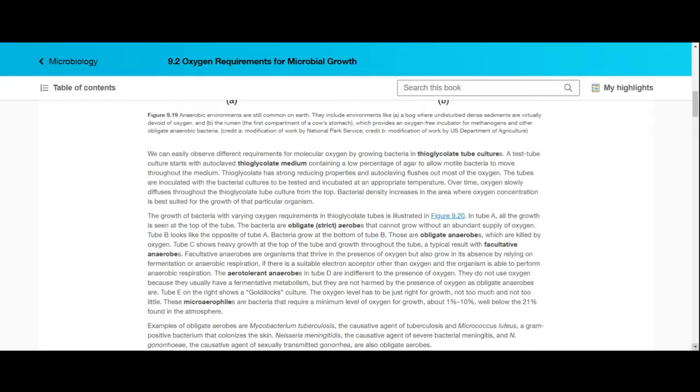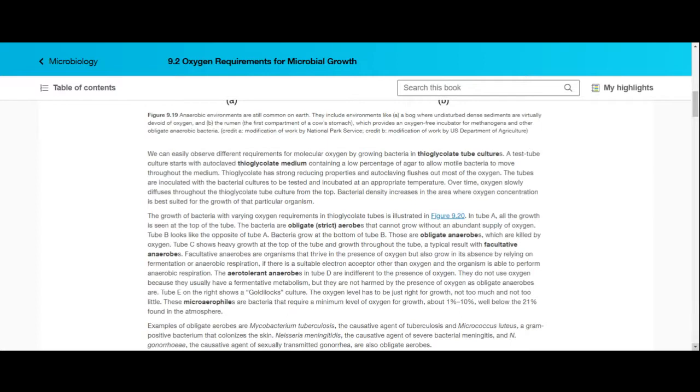Then we have the aerotolerant anaerobes. And you see there, it says they're indifferent. They don't use oxygen, but it doesn't hurt them. So they could care less. They don't need it to survive, but it's not going to harm them like it does the obligate anaerobes. And then we have the microaerophiles, and your book refers to these as the Goldilocks.